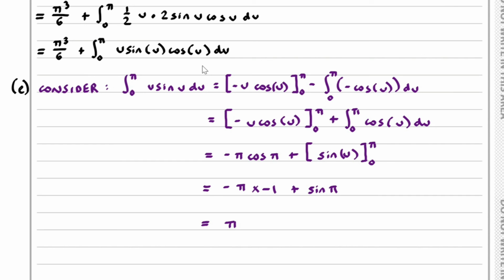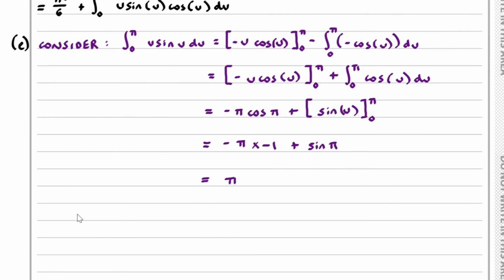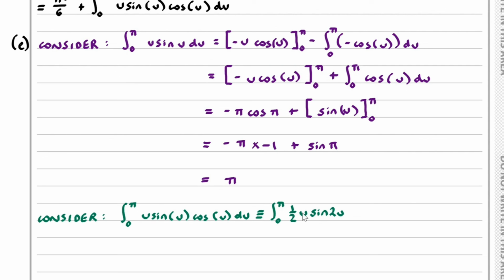Now let's consider this integral here. So now if we consider the integral from 0 to pi of u sine u cos u du, I've got the integral from 0 to pi of u multiplied by sine 2u multiplied by half, since half sine 2u is sine u cos u.